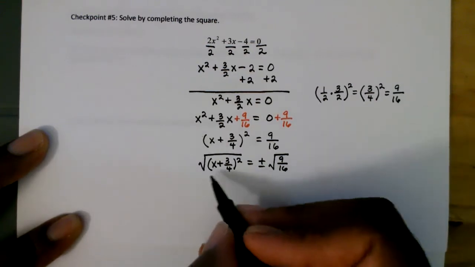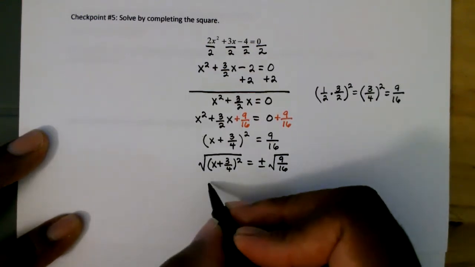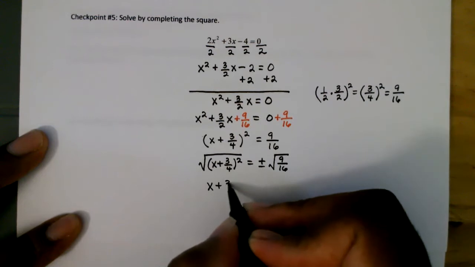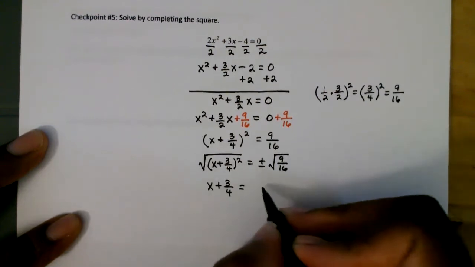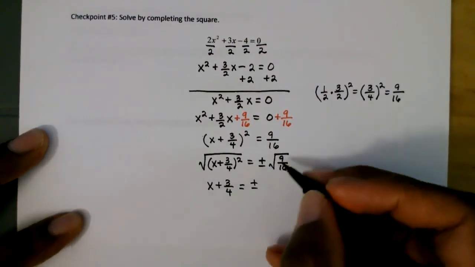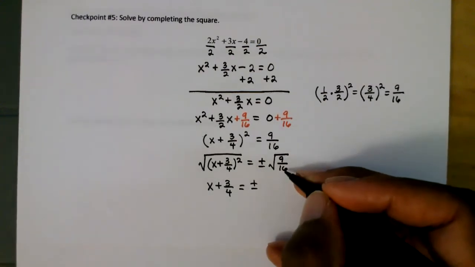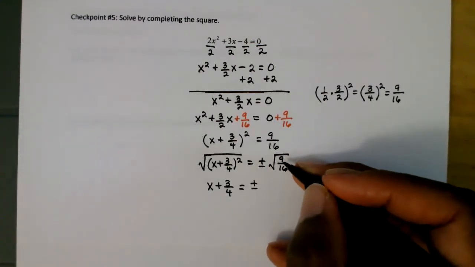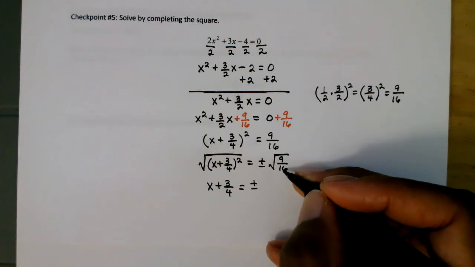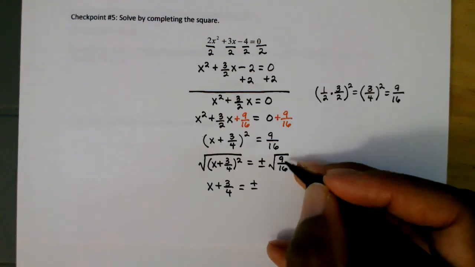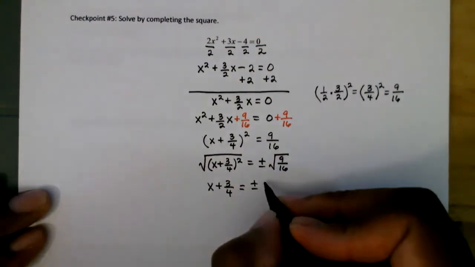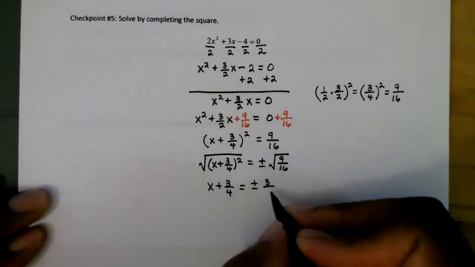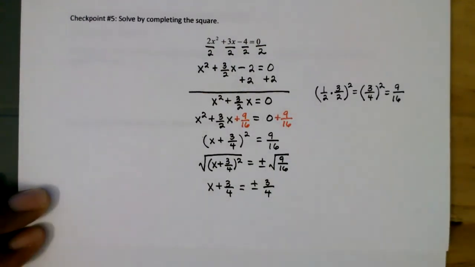So that means here, the square root of x plus 3/4 quantity squared is x plus 3/4. That's equal to plus or minus. Notice that the 9 and the 16 are perfect squares. I can take the square root of the numerator and the square root of the denominator. The square root of 9 is 3 over the square root of 16. That will be 4.